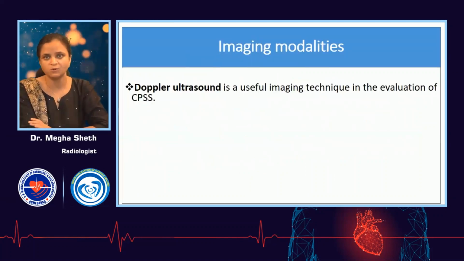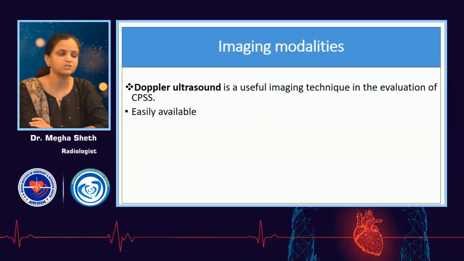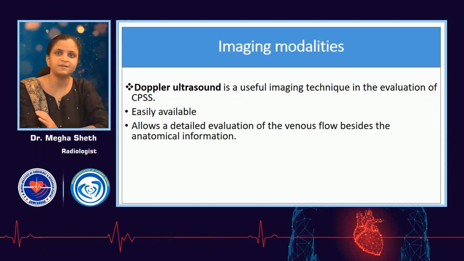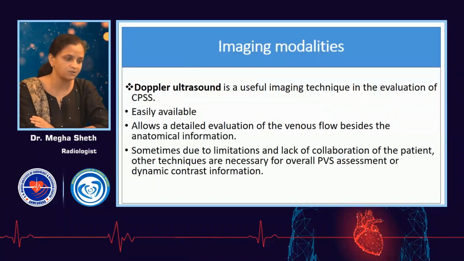Now we come to imaging modalities. First of all is Doppler ultrasound echo. It is a very useful modality for initial evaluation of congenital portosystemic shunts. It is easily available, allows a detailed evaluation, also gives functional information, which is very important, can be easily performed even at bedside or intraoperatively also.